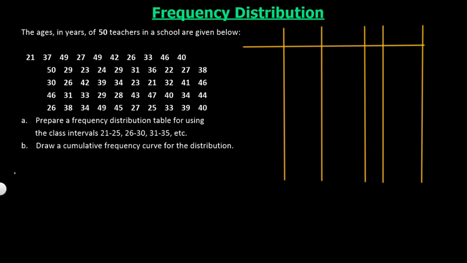Now let's put those things in their various headings. We have class interval, followed by tally, followed by frequency, then followed by cumulative frequency.